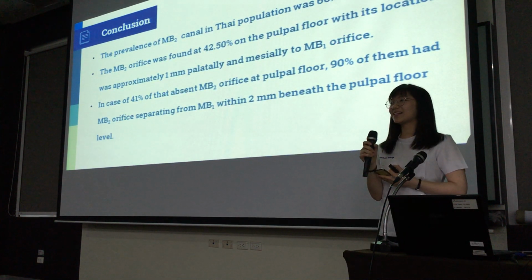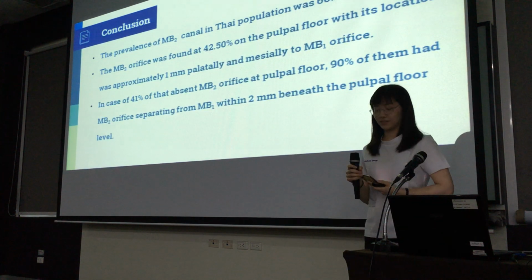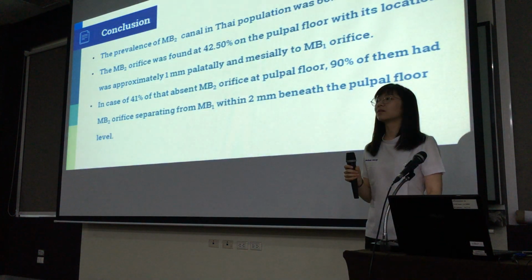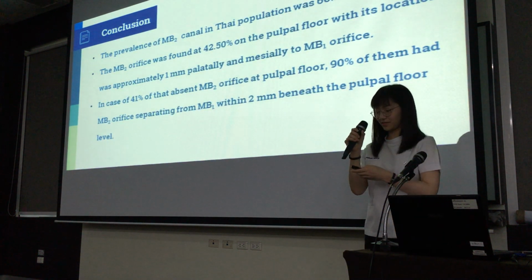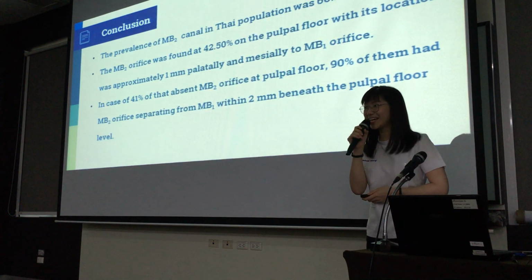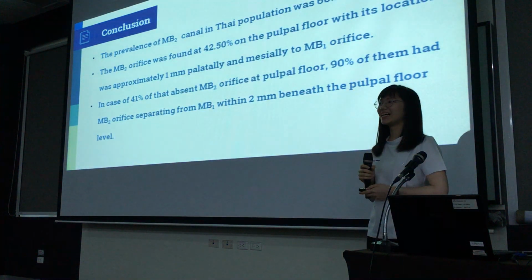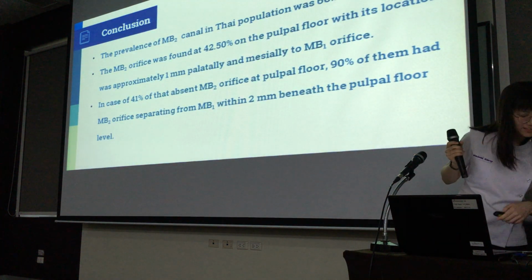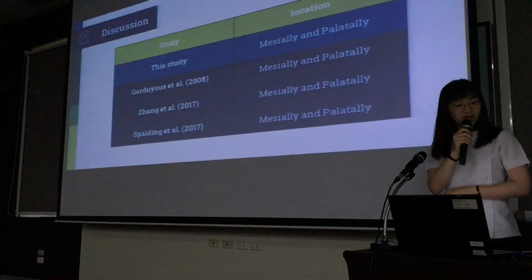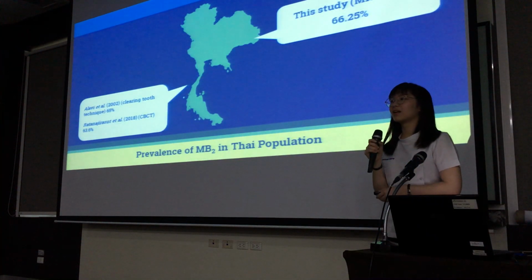However, I am wondering about the pulpal floor that you use as a reference, because it's a clinical landmark, right? But from CBCT, or micro CT, how did you set up the level that this is the pulpal floor level? Because the pulpal floor is not completely flat, right?